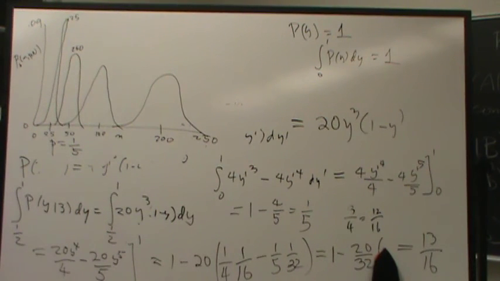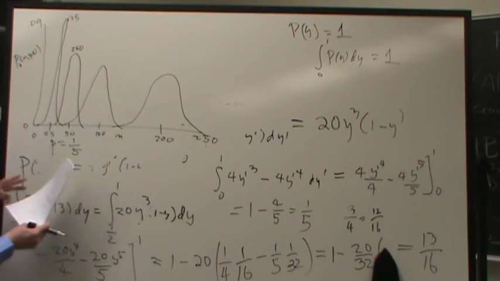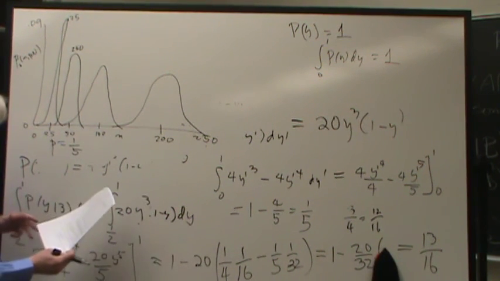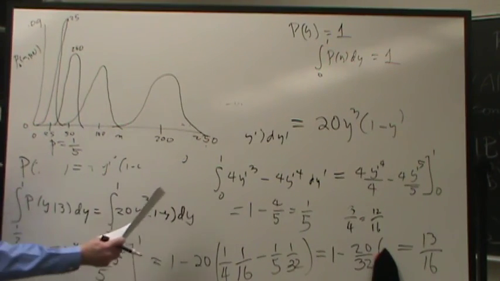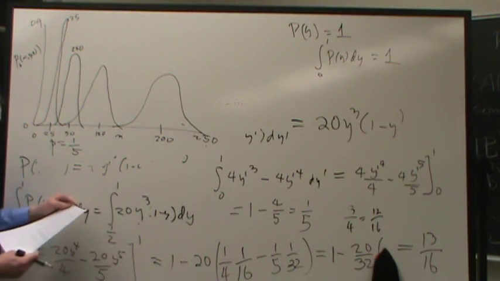So it sort of looks like that. So what happens? The maximum probability decreases, the variance or the spread of the probability distribution spreads out.